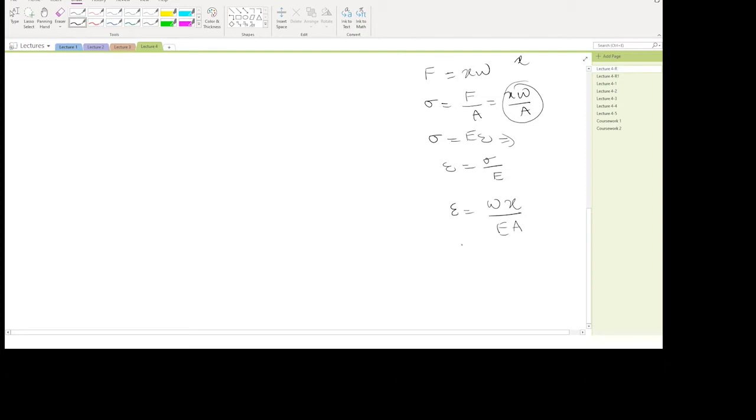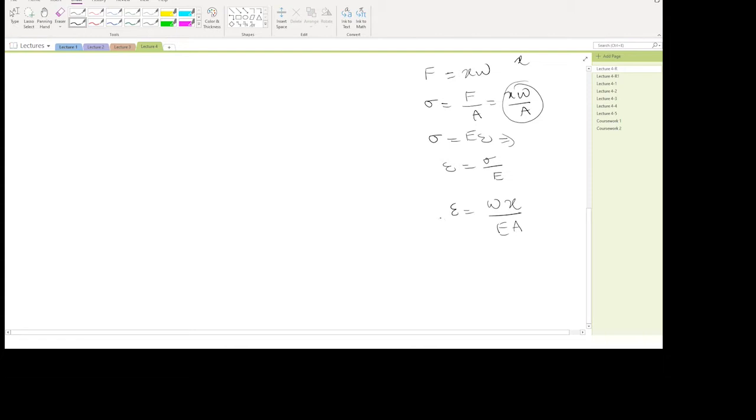Now, how about the displacement? The relation between the strain and the displacement is just like the relation between the velocity, if you like, and the displacement. So the strain is basically the derivative of the displacement.